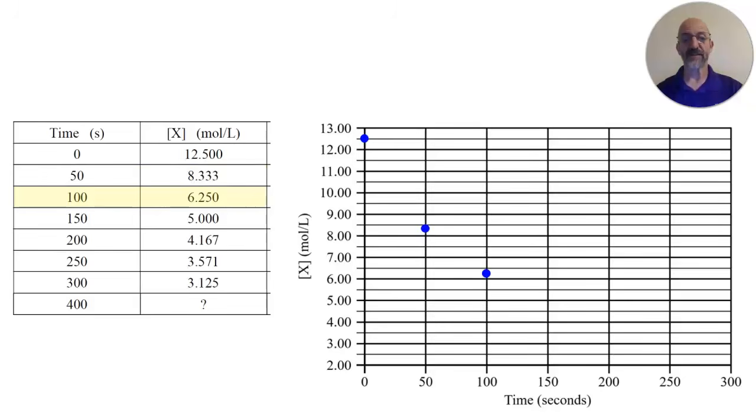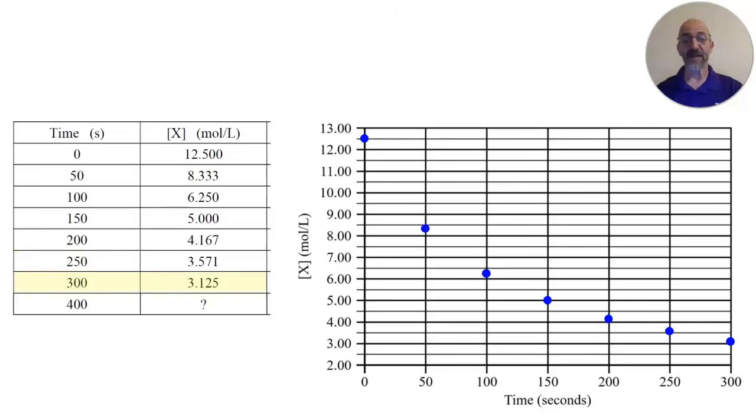At 150 seconds, it's 5. So I'm adding points as I go on this graph. And then at 200 seconds, it's about 4.167. At 250 seconds, it's 3.571. And then at 300 seconds, it's 3.125.